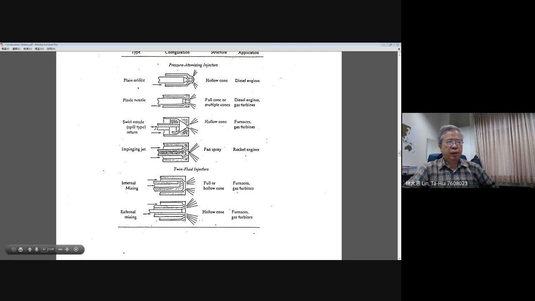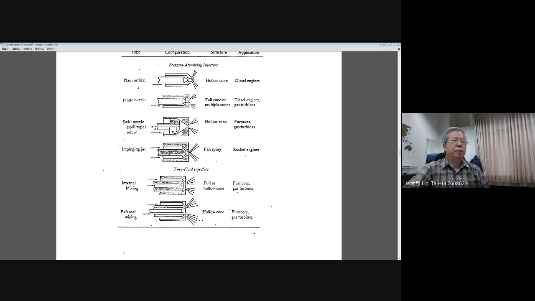But for external mixing, there is no danger of the fuel finding its way to the air supply. So you do not have fuel moving to the upstream side with external mixing. This is a good advantage. But sometimes people will try to combine internal mixing with external mixing to produce as large a mixing structure as possible.